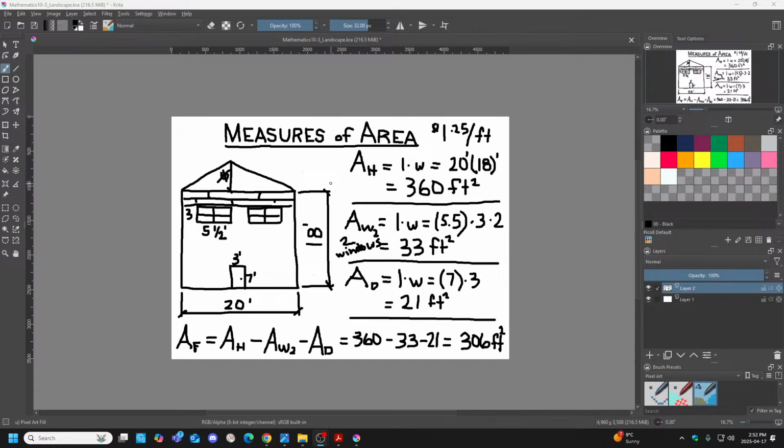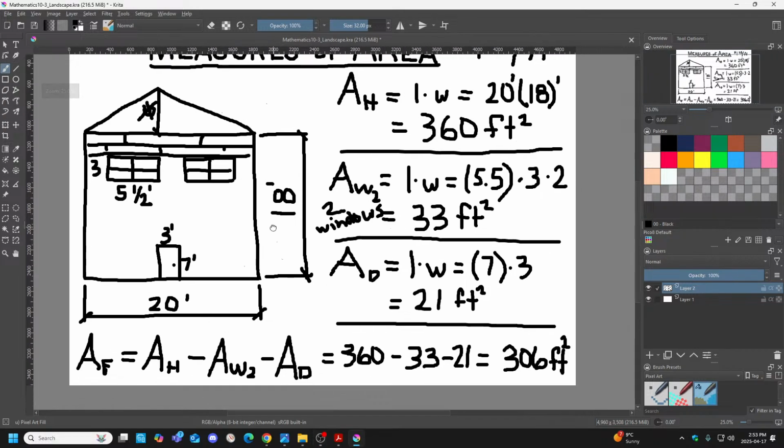Assume a house would be longer in the third dimension, but we're not going to worry about that because we're only looking at the front right now. The guy would have to do the math for this side and then this side, then the back side.